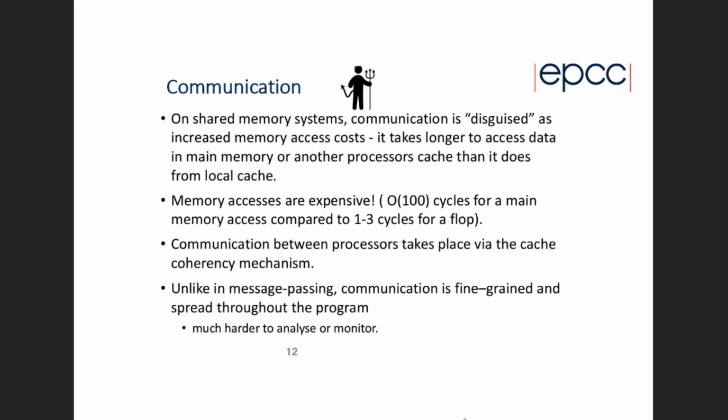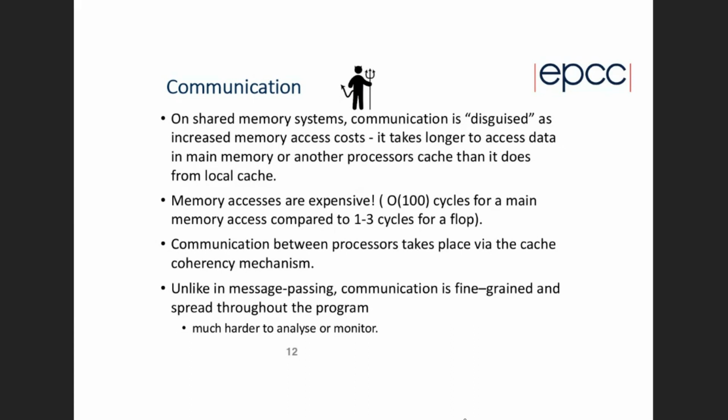Even bigger than 100 for the AMD Rome chips: it's 200 odd cycles for a main memory access, compared to maybe 3 cycles for a floating point operation, and depending on the cache level, 1 or 2 cycles from level 1 cache, maybe on the order of 10 cycles from level 2. And communication between processes is taking place via the cache coherency mechanism that Adrian talked a little bit about yesterday.